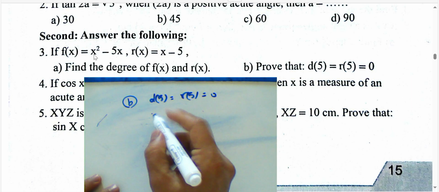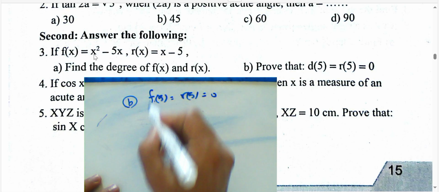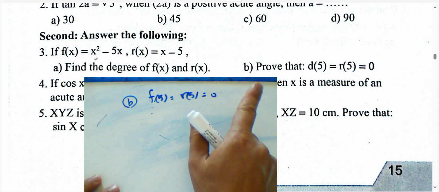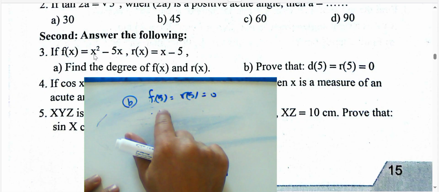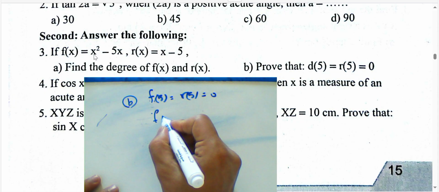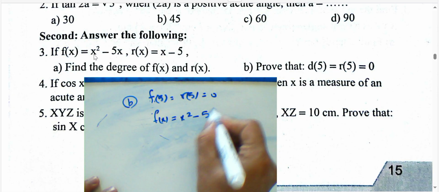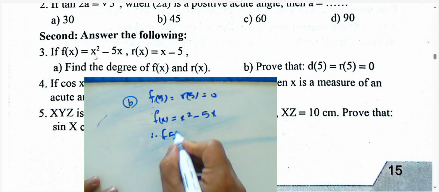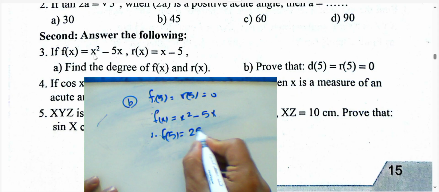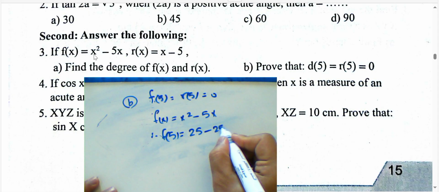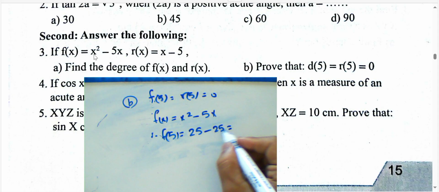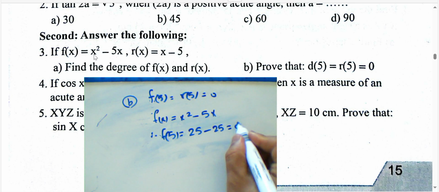Okay, change this d to f, it is a typing error in the printing. Now f of 5. We know f of x equals x power 2 minus 5x, then f of 5 equals 5 power 2, which is 25, minus 5 times 5, which equals 25. So 25 minus 25 equals 0.